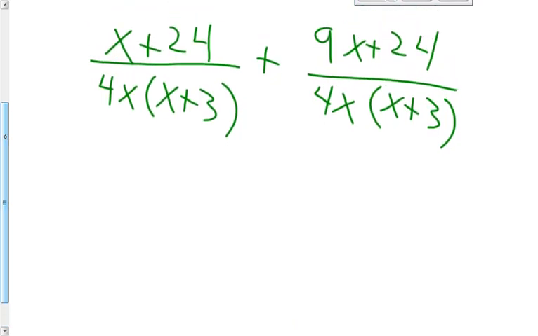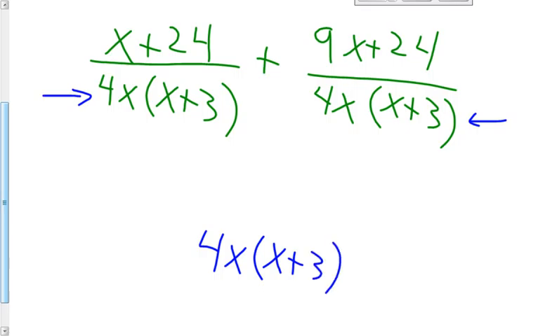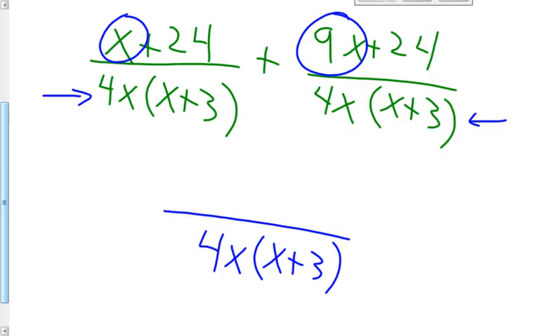You need common denominators. Do you have common denominators? Yes, you do. They are both 4x times the quantity x plus 3. So if you already have common denominators, this one is really quite simple. Your common denominator is 4x times the quantity x plus 3. And now you're just going to add up their numerators. 1x plus 9x is 10x. 24 plus 24 is 48.